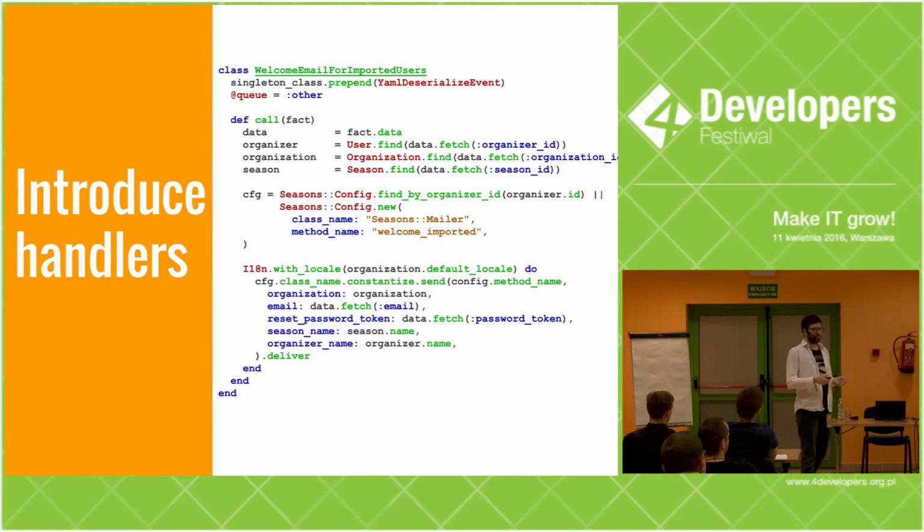So we need to provide people with tickets, with access to our service, and send them welcome email and give them ability to choose their password. So this is using database configuration to find which email we want to actually send them. So it's a bit more complicated because it's not only using the data from the event itself, but also doing some kind of queries in database.